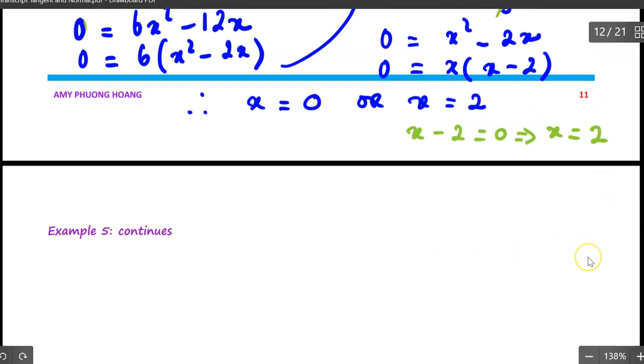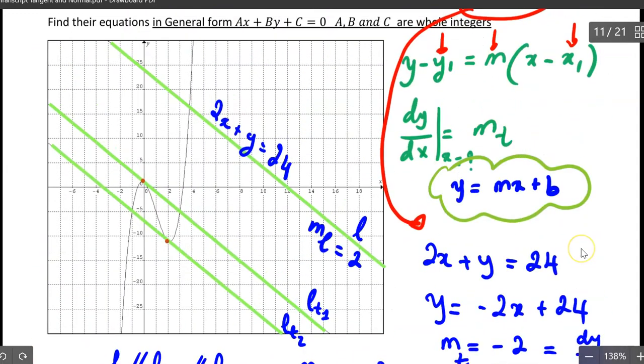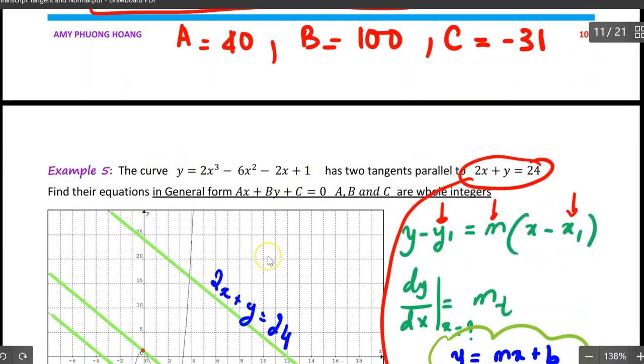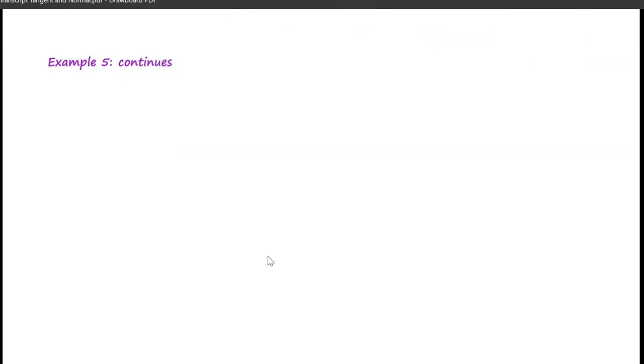Okay, so let's continue on with what we have. So once you have the value of x equal to 0 and x equal to 2, you can substitute it into the equation for the function that is given to you, this function here, to solve for y. Okay, so I will have to divide this into 2 parts.